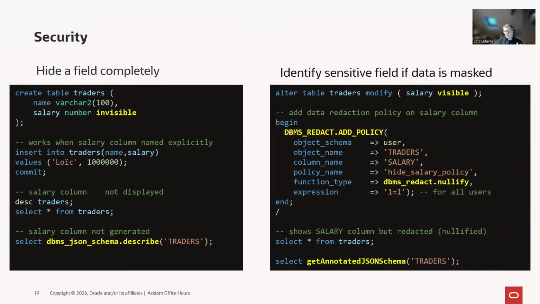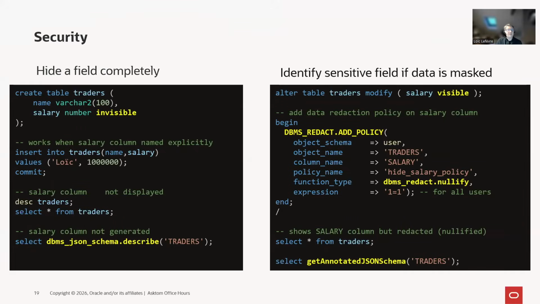Let's continue on security with just other examples. So we have seen that invisible columns work. So let's make that salary column visible again. And we have a feature called data redaction where you can create policies.